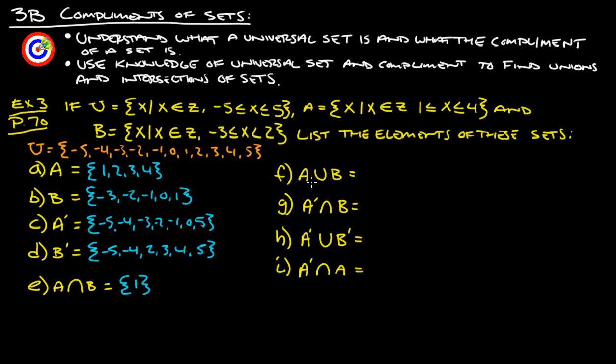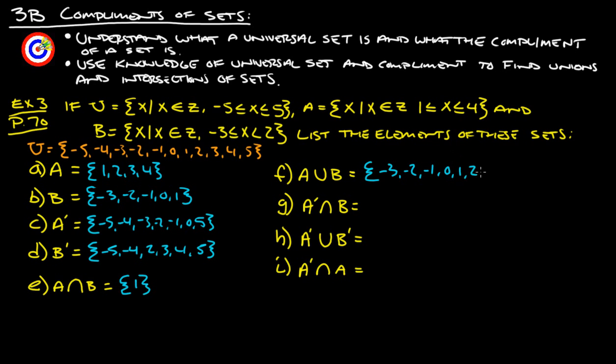For F, we have A union B, so it's everything that's in A and B. Any element that appears in either one of those will be included here. So A is 1, 2, 3, 4, and B is -3, -2, -1, 0, and 1. So let's start with -3, -2, -1, 0, 1.